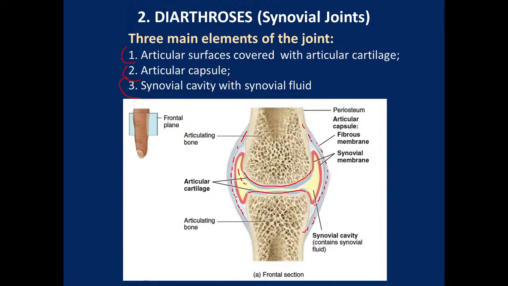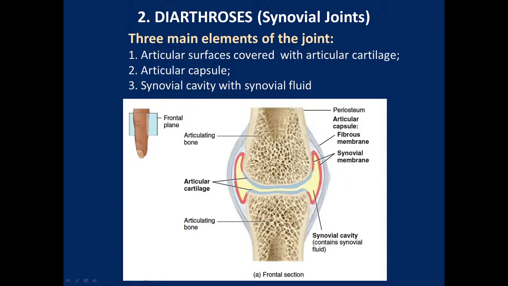It means this is a cavity between joints which allows them to move. So please remember these three main elements: articular surfaces, articular capsula, and synovial cavity with the synovial fluid inside. This is very important.